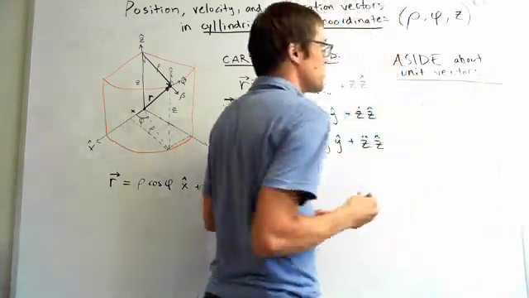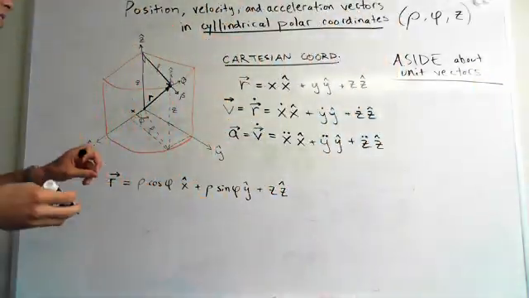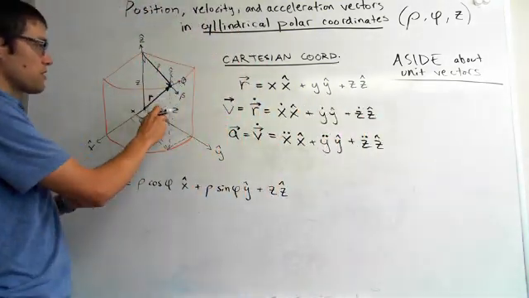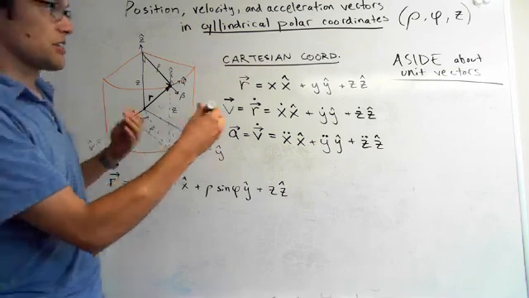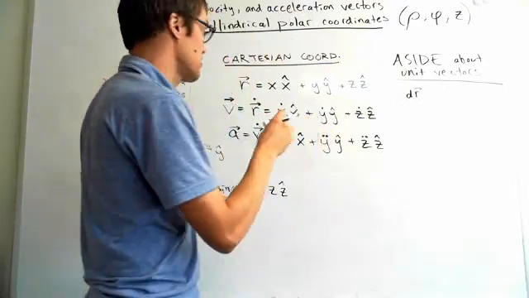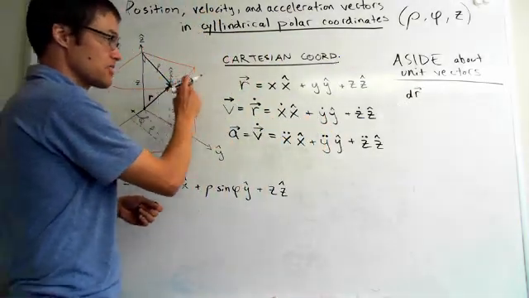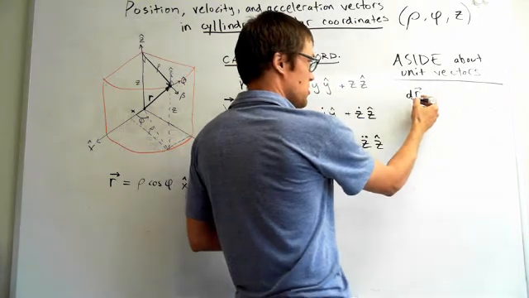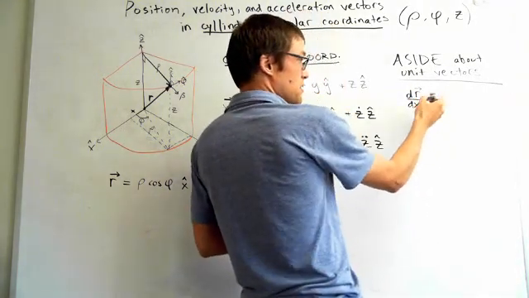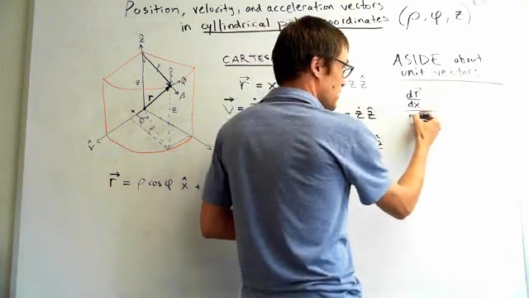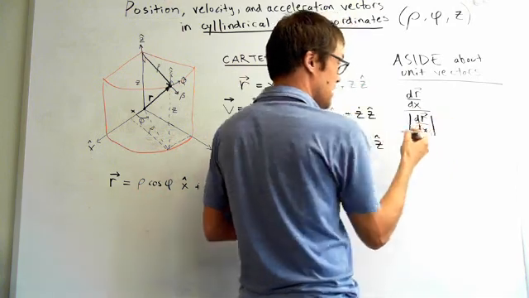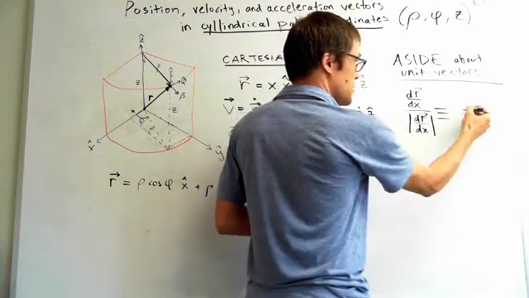And in general, if you want to know how to write down a unit vector, this is the general definition. So if you want to know the unit vector associated with, say, the x hat direction, the way it's defined is you figure out, if you take your particle and you move it a little bit in the x direction, how does its position vector change? And that's what we do here. So if you take that change in the position vector divided by the magnitude of the change, that is, by definition, x hat.